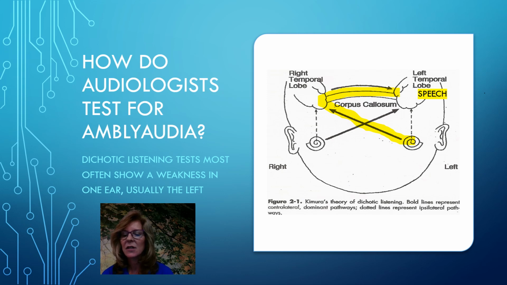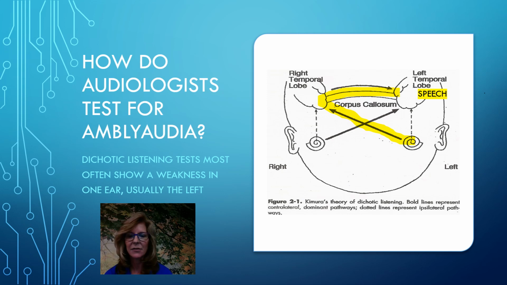And I already mentioned that the cross pathways are dominant in terms of auditory processing. So the word in the right ear crosses the brainstem and goes to the left hemisphere to the speech center, and it is easily processed. It's sort of a straight shot.